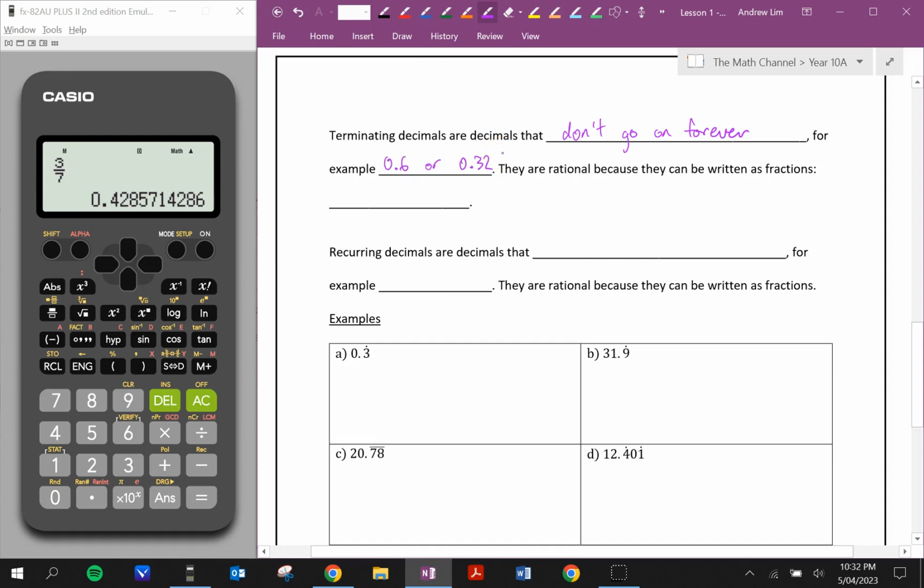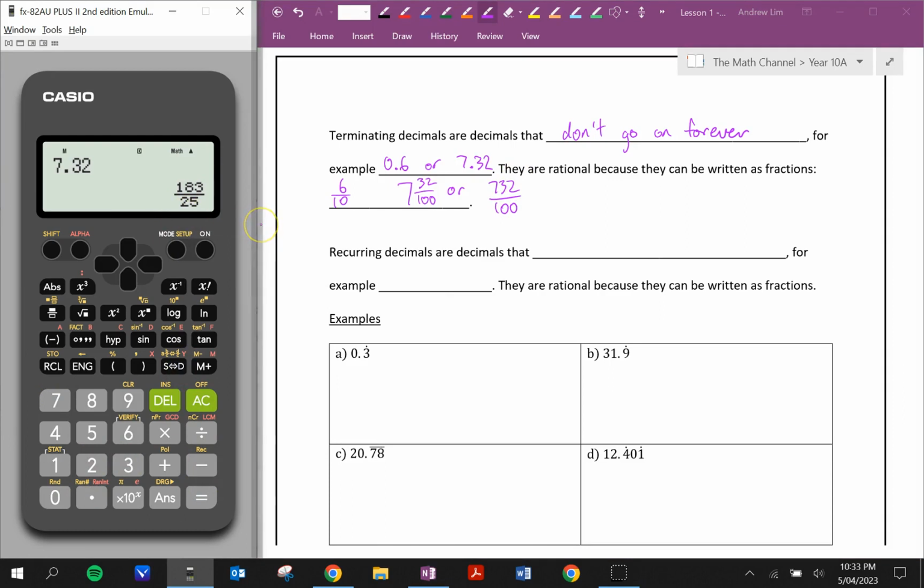So they are rational. 0.6 I can write as a fraction, 6 over 10. 7.32 I can write as a fraction as 7 and 32 over 100, or 732 over 100, same thing. If I do 7.32 S to D, it simplifies it because I can divide it by 4.